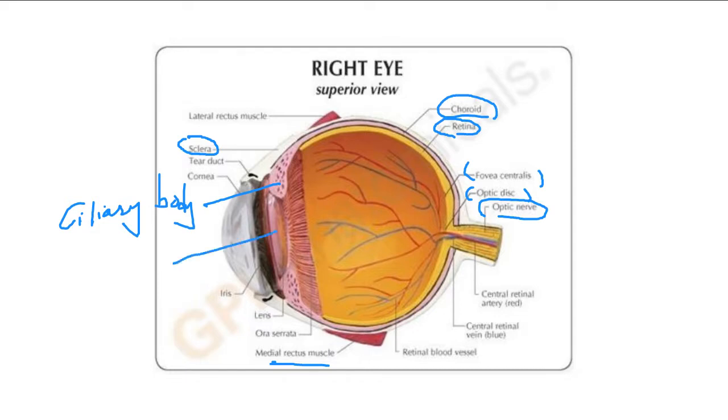And this will be the lens. And then, of course, the iris. And then this is the cornea. And then you have the ora serrata there. Okay. And from here, back here, this is the posterior cavity. And up over here is the anterior cavity. All of that.